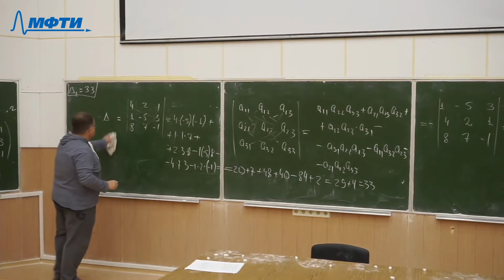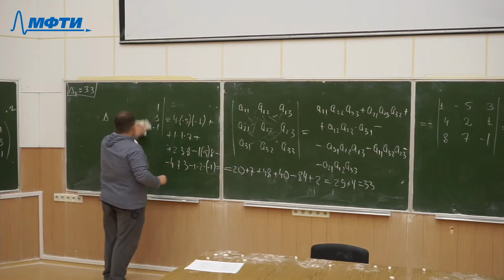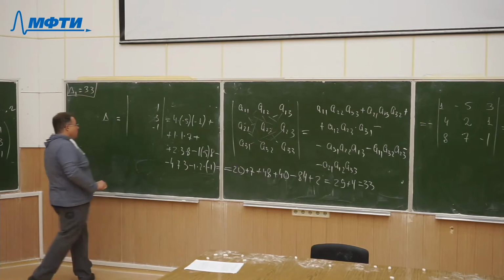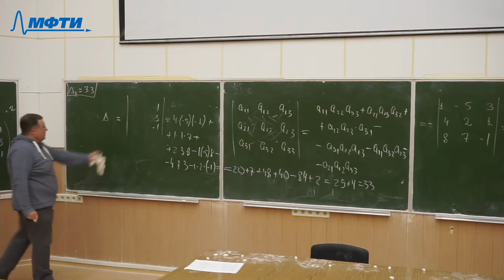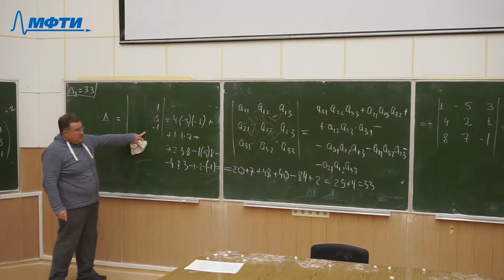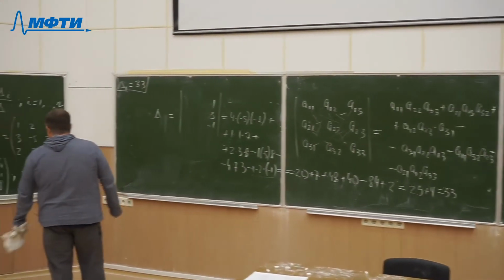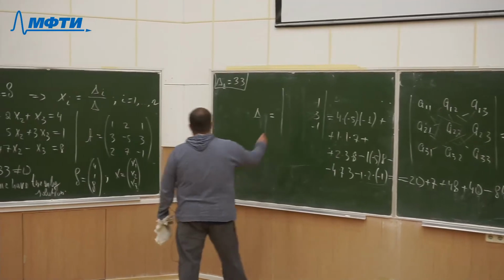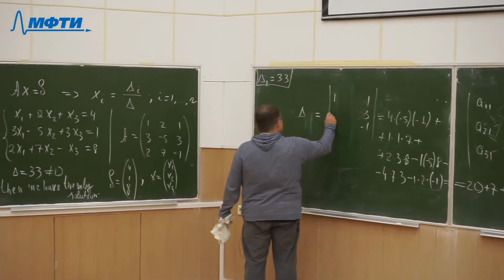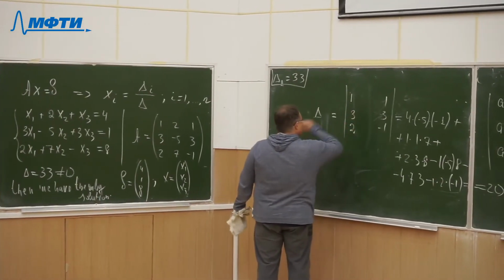Delta sub 2. In this case, we have to change the second column of the matrix of the system by the column of the arbitrary terms, namely 1, 3, 2.